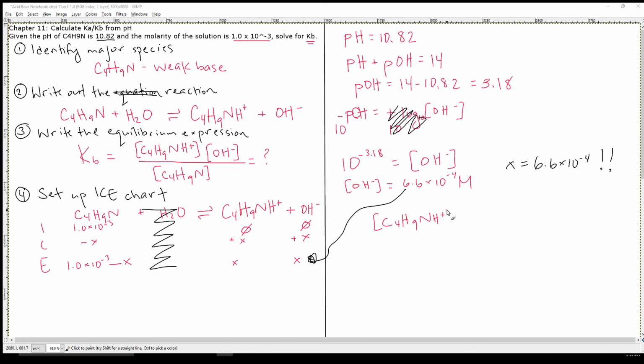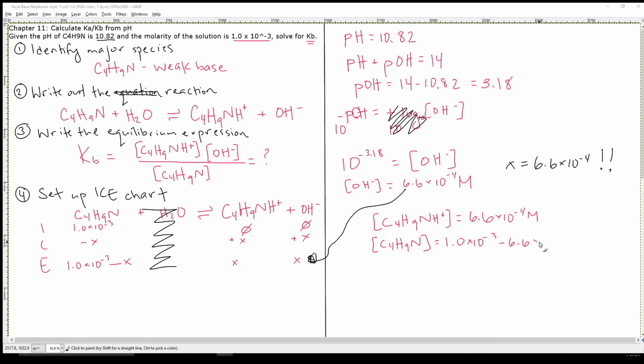So, okay, my ion C4H9NH plus is also equal to x. And my original molecule, which is C4H9N, is equal to 1.0 times 10 to the negative third minus x, which will give us, you know what, I'm just going to do this.